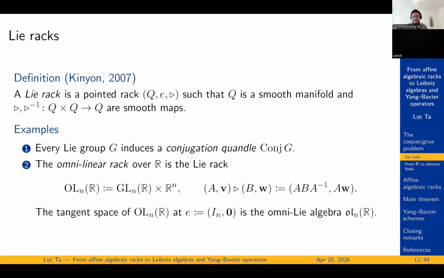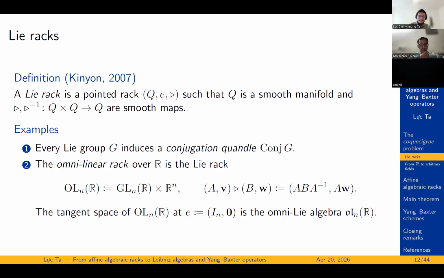As a more non-trivial example, you can take what I call the omnilinear rack, or big OL_n, which is just a direct product of GL_n and R^n, or C^n, or K^n, or what have you, as a set or as a manifold.